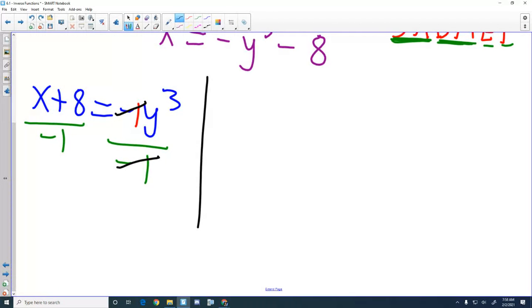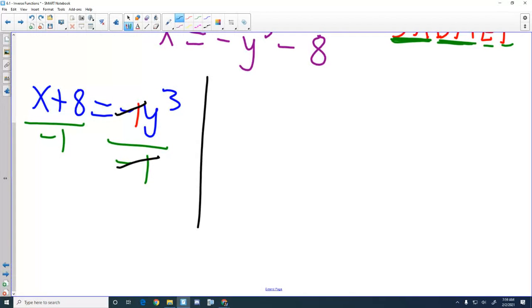Now on the left side, I have x plus 8 divided by a negative 1. Whenever you're dividing, if you can divide each term nicely by that denominator, you should. The previous one, we were dividing x by, was it a 5 or something? Or a 2. That's what it was. And that doesn't really work out. But dividing by a negative 1 is pretty easy. If I divide x by a negative 1, it just becomes a negative x.